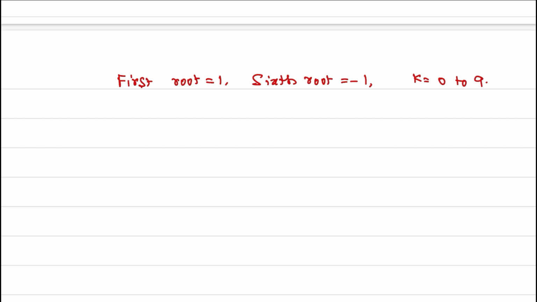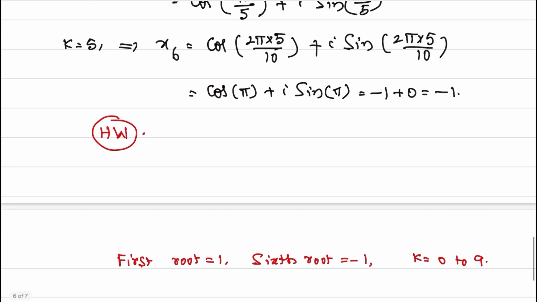So this is very important, and for the remaining k is equal to 6, 7, 8, 9, please do it as homework. Mathematics has to be not only understood by you, it should be done by you also as practice.